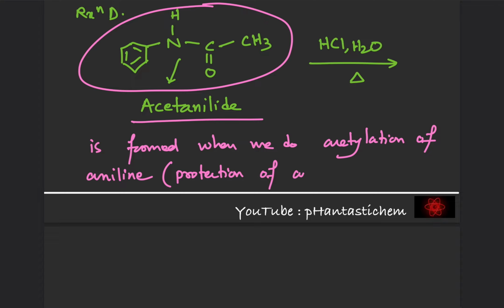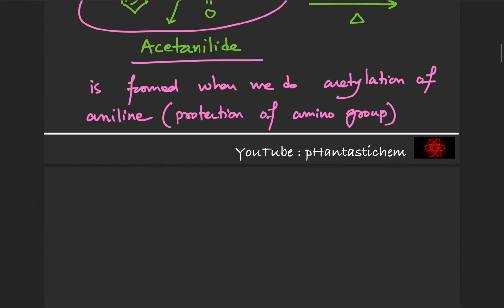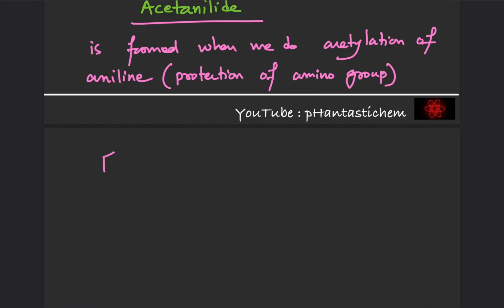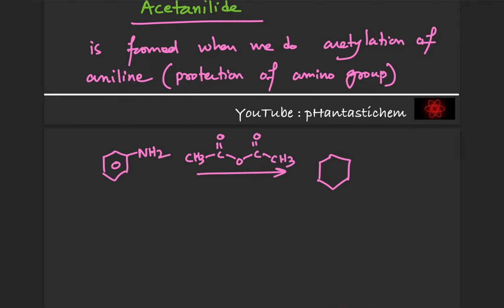With respect to the reaction, whenever we react aniline with acetic anhydride, which is CH3 C double bond O connected to O, C double bond O, CH3, acetylation happens, that is introduction of a CH3CO group, giving NH, C double bond O, CH3.